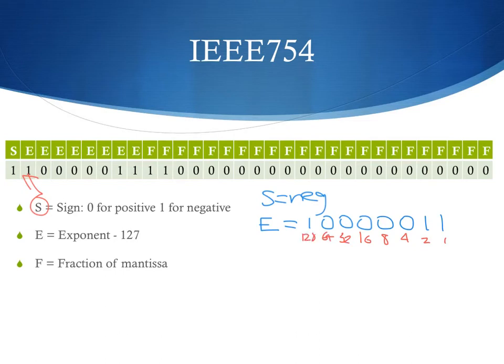So that is 131. So my E is 131. And now remember, I have to subtract 127. So 131 minus 127 equals 4.